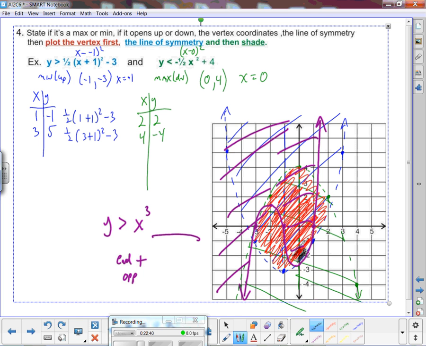So where do you see all of it? So we're above. So that would be the solution if we also had a third polynomial inequality. All right? Pretty cool stuff, I think.